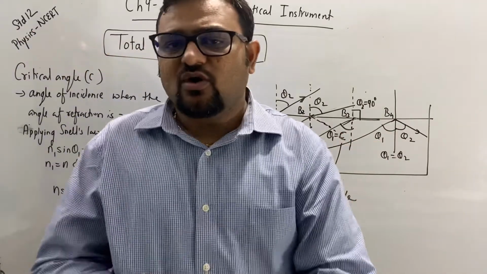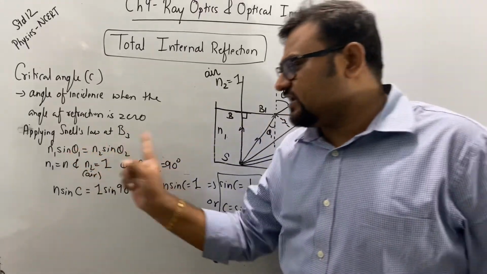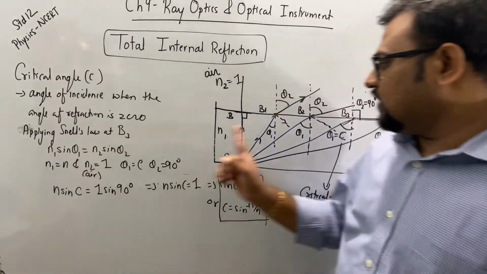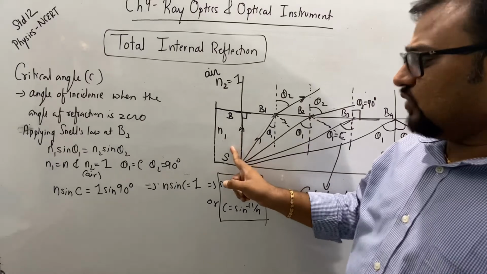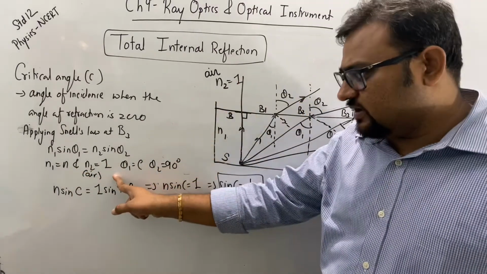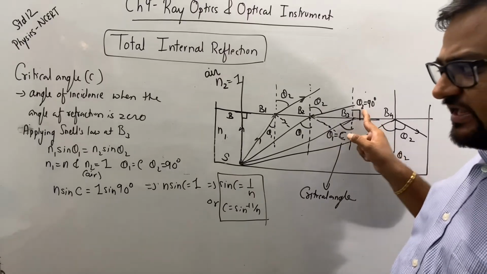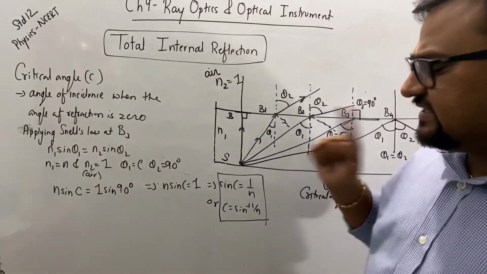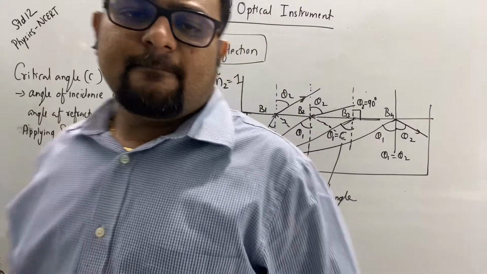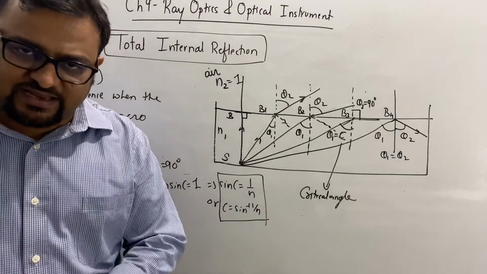Okay, so now taking Snell's law at point B3, n1 sine theta 1 equal to n2 sine theta 2. n1 is n, and n2 is air, so we have taken 1. Theta 1, angle of incidence, is C, and the angle of refraction is 90 degree. Putting this, we get sine C is equal to 1 by n, or C equal to sine inverse 1 by n.